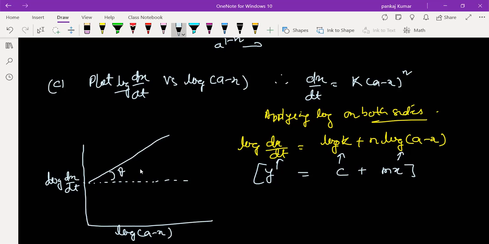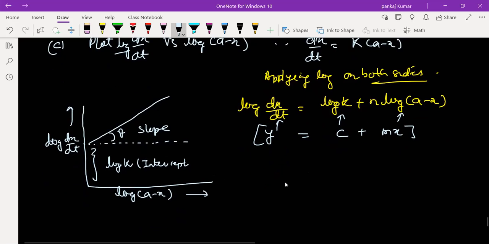This is the slope, and this is the intercept. This intercept is your log k. I think you have understood now. No problem. Yes, sir. Easy is easy, only you have to remember the formula. If you remember the formula, nothing is difficult.